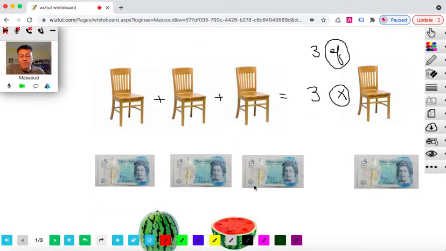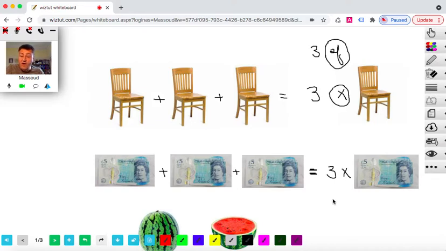So if you have a £5 note, plus another £5 note, and plus another £5 note, that basically makes, these pictures are quite nice if you can develop them for your learners. Equals can be said in words as "is" or "makes": 3 times £5 notes, 3 fives.